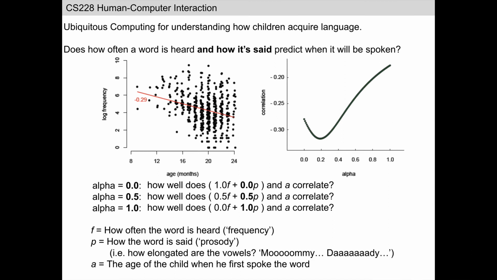So this dot clearly corresponds to an alpha of 0. If we look down here, an alpha of 0 means we're plotting F against A, or age of the child when he first spoke the word, which is actually this plot here. If you're really paying attention, you'll notice that this point does not seem to correspond to a minus 0.29.